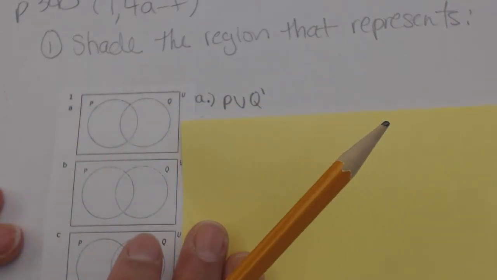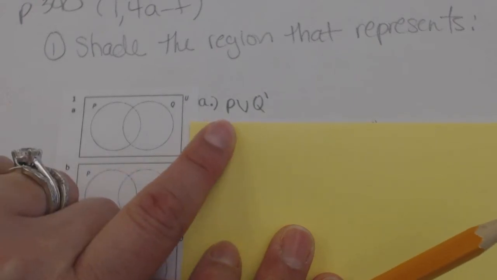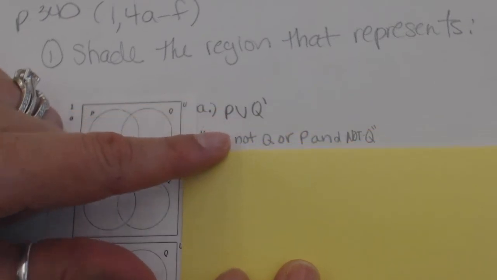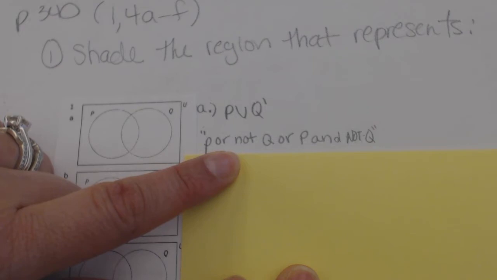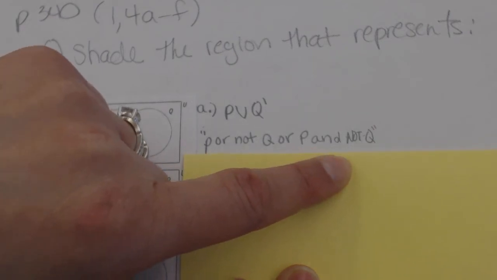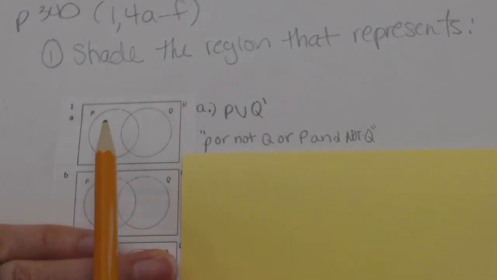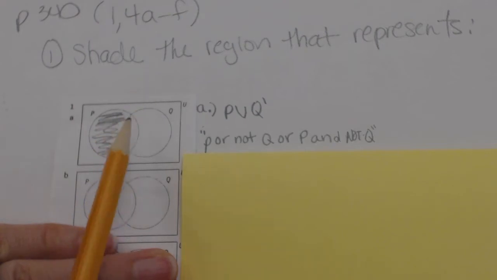So number 1, they want you to shade the region where we have P or not Q. So what this really represents, and I wrote it down, is P or not Q or P and not Q. So when we do this, what we're going to really want to shade is definitely P. So here is P, and here is P inside here as well.